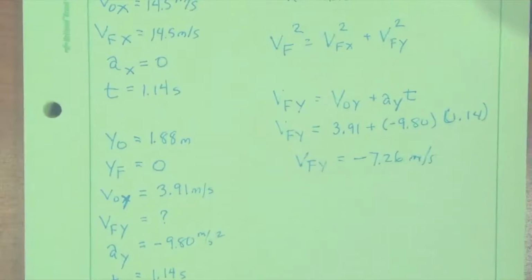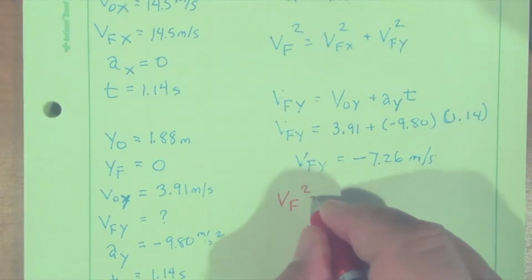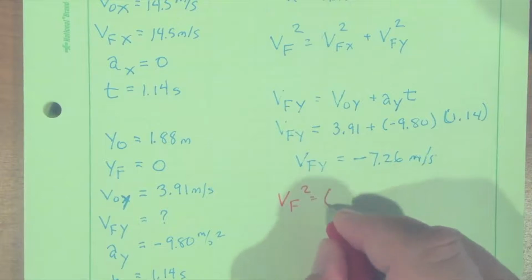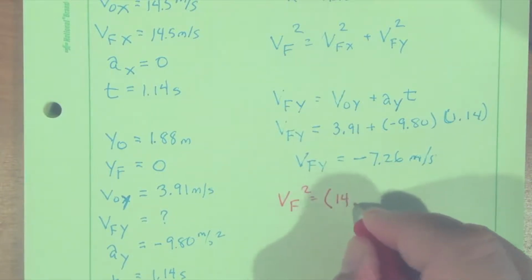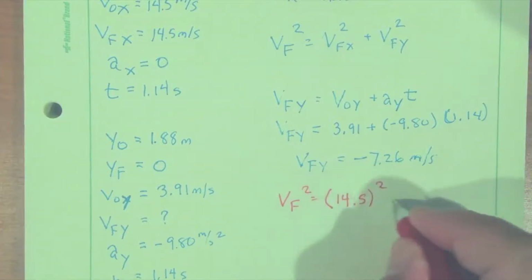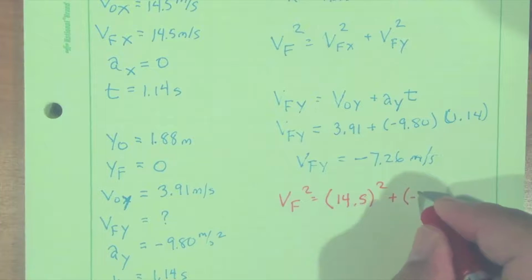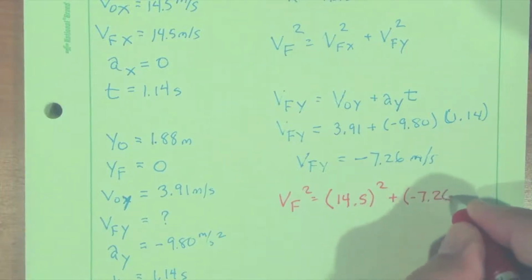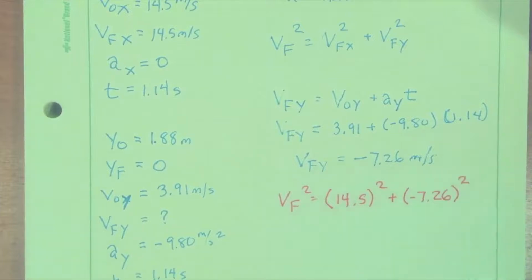Well, now we use the Pythagorean theorem to find that final velocity. V final x is 14.5 meters per second. Square that. The final y velocity is 7.26 meters per second.